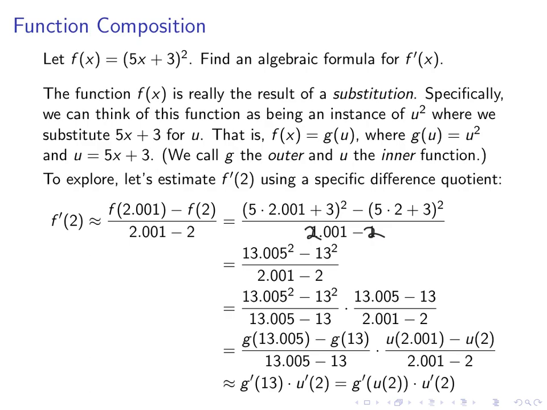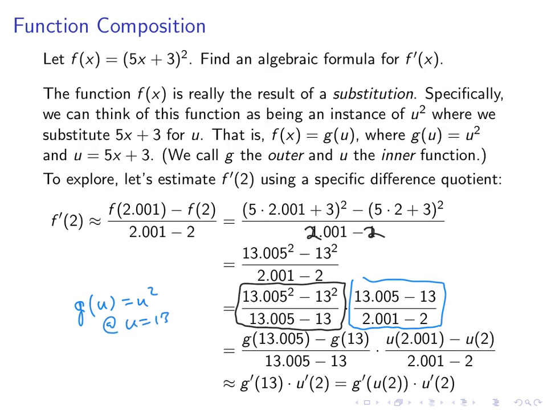The reason we would do that is because these individual fractions correspond to something in our inside and outside functions. Specifically, this first fraction here, this is the slope between 2 points on the curve g of u equals u squared at u equals 13.